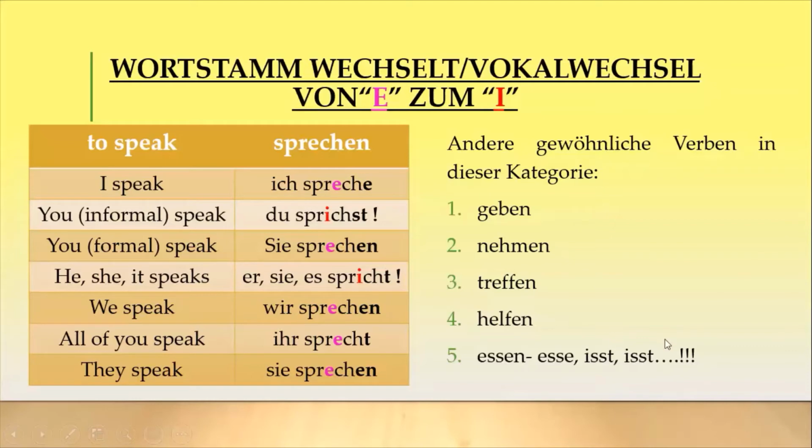This form of conjugation, as I've just mentioned for essen, I showed you for the verb heißen in my tutorial 6 also.